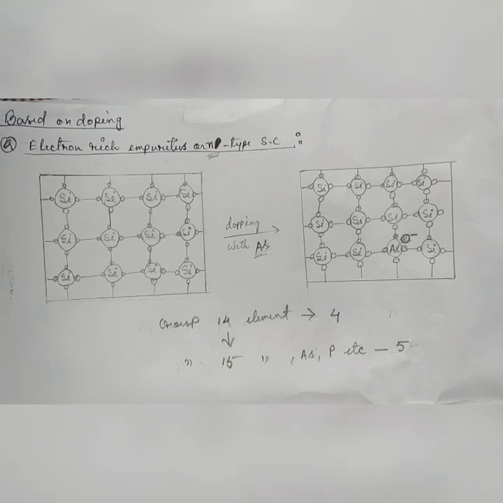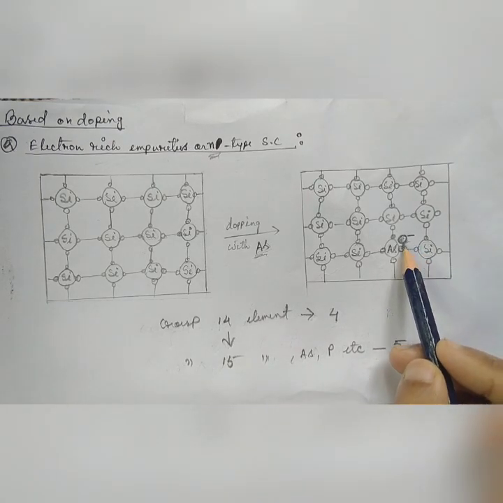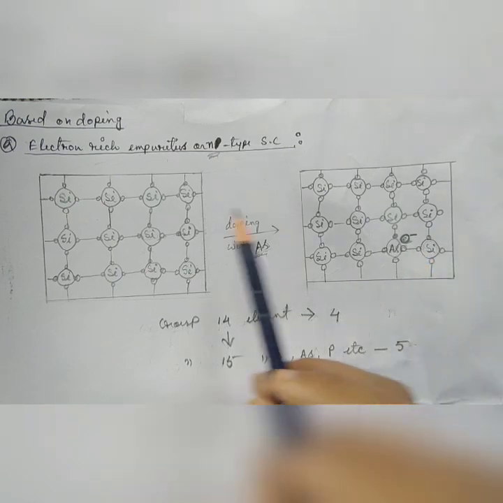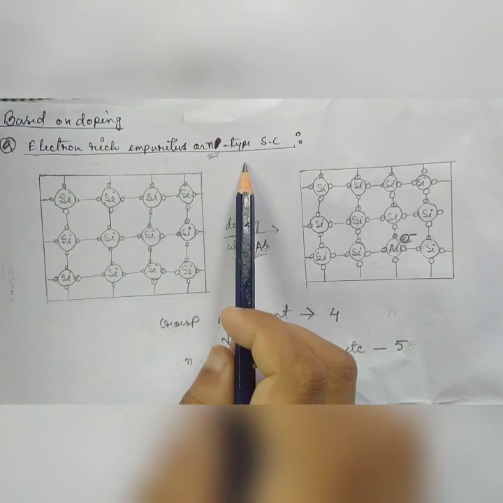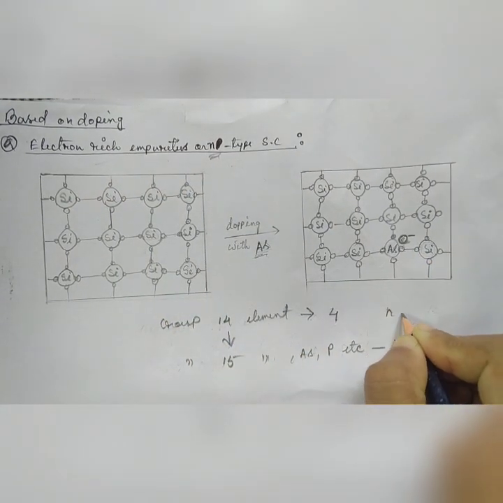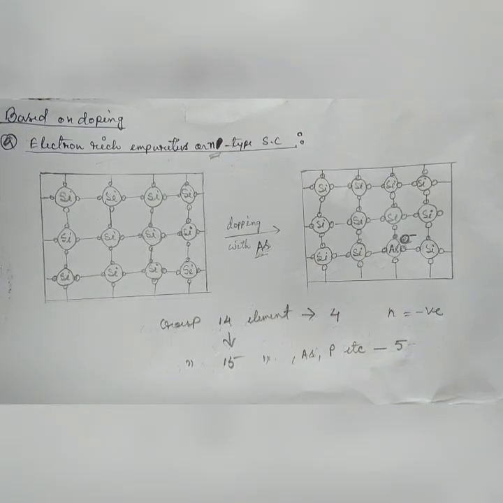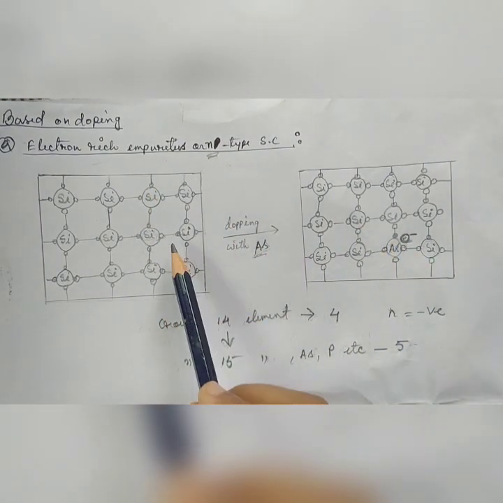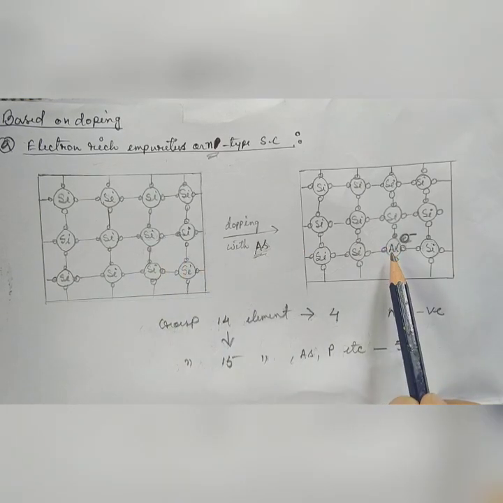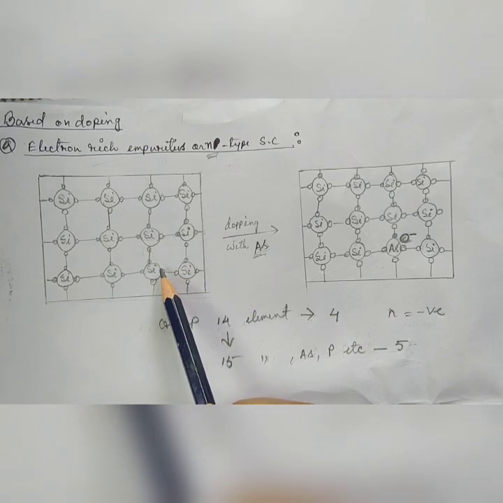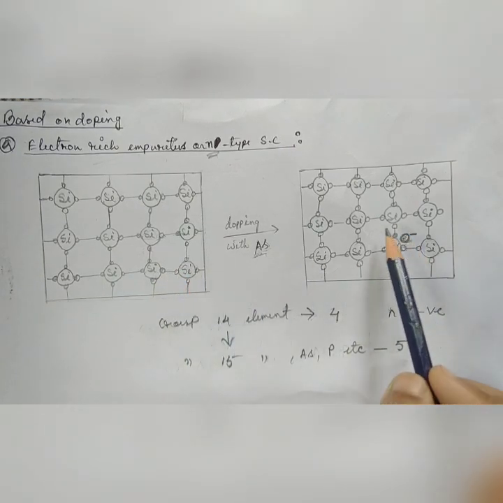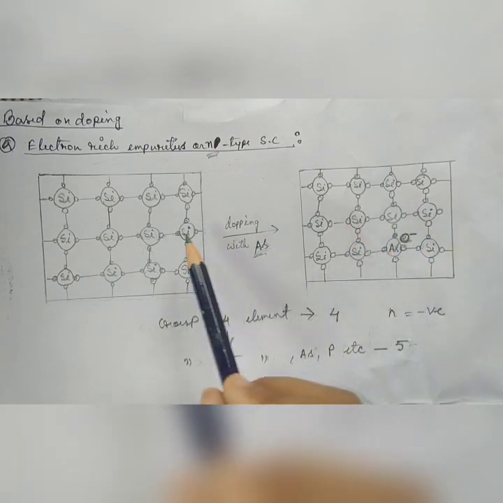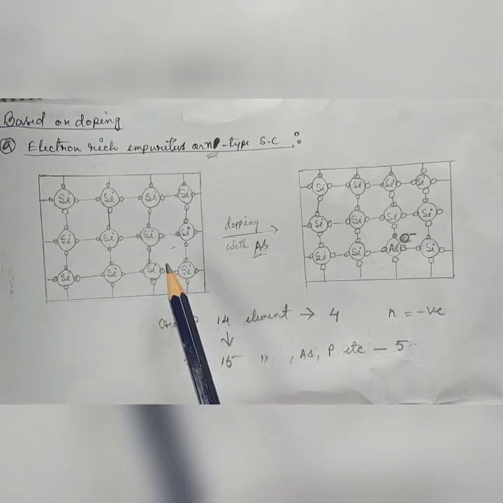This increase is because of this negative charge electron. That's why this is also known as an n-type semiconductor. Here n is for negative charge, and this is electron rich because the number of electrons increases, as arsenic has 5 valence electrons but silicon has only 4, so electrons are increased as compared to the first crystal.